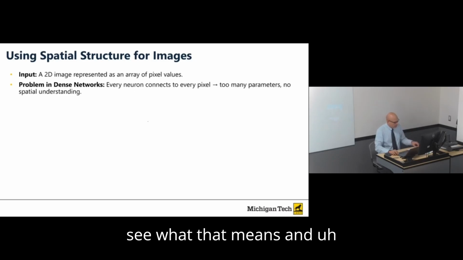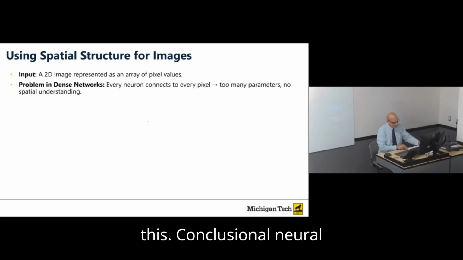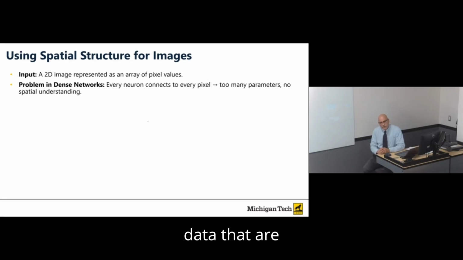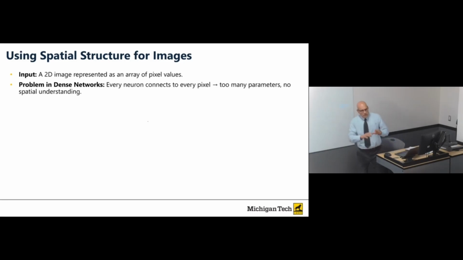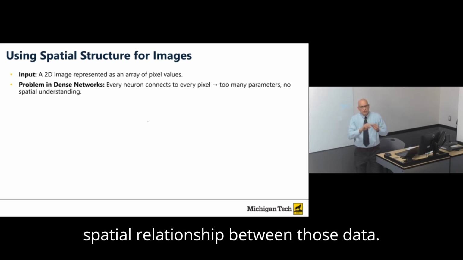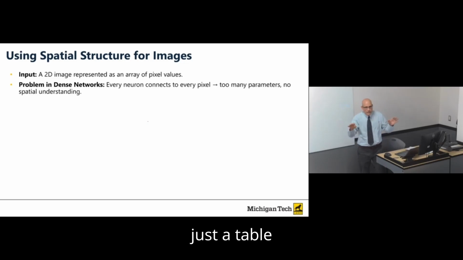Let's see what that means and how we can use this. A convolutional neural network is good for data that have a spatial relationship between them. It's not just an array, not just a table or database.